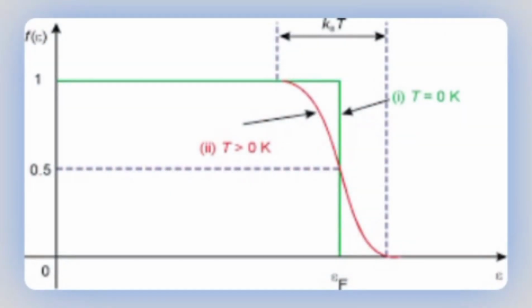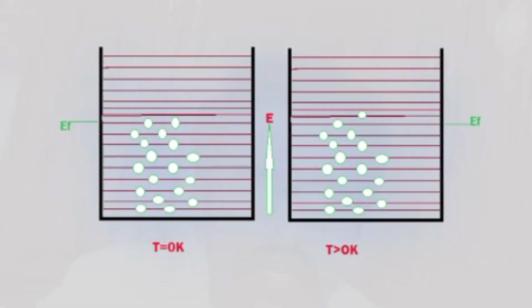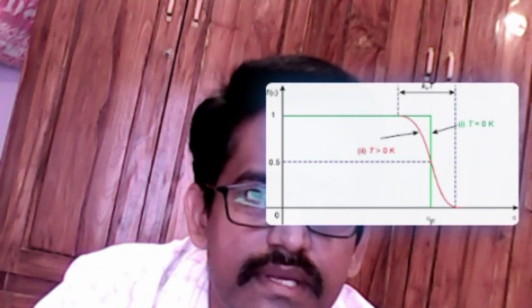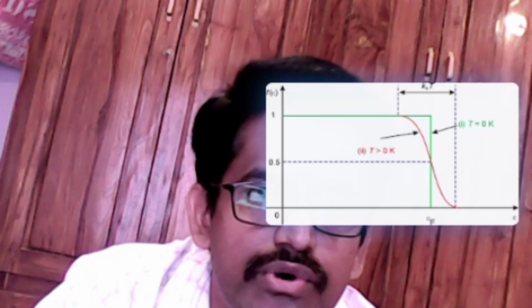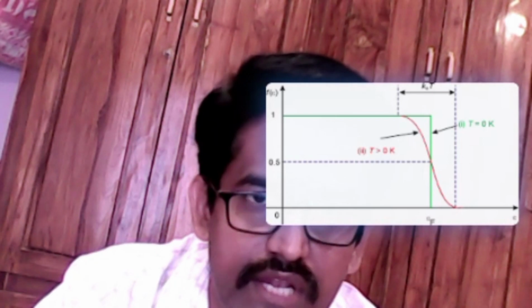See here. And above the Fermi level, all the energy levels are empty, which means f of E is equal to 0 above the Fermi level at 0 Kelvin.